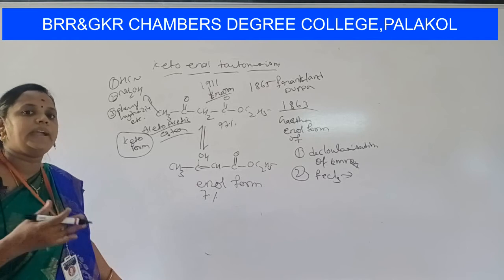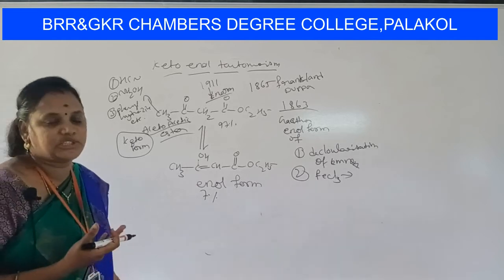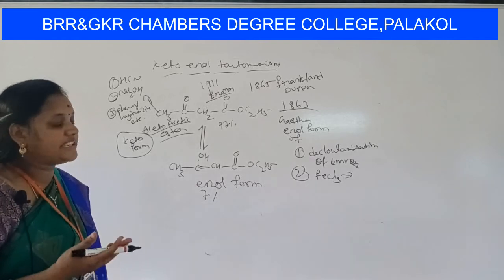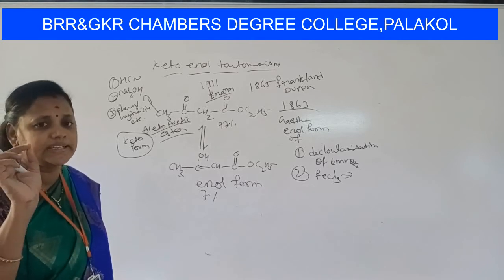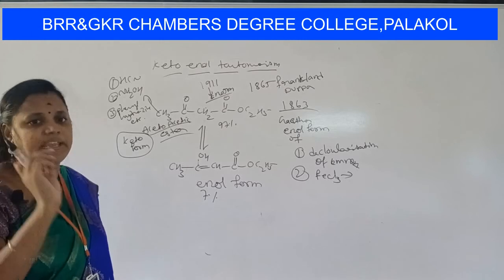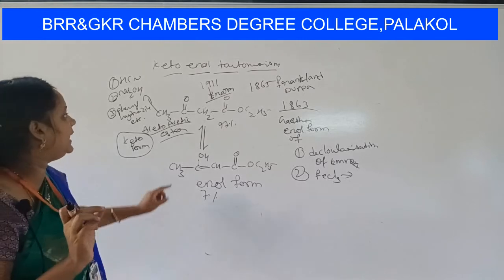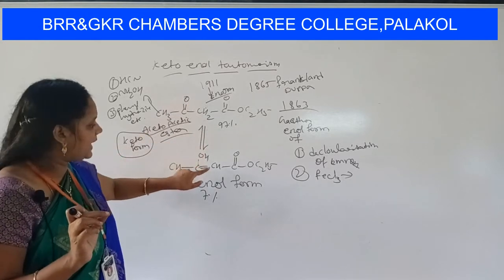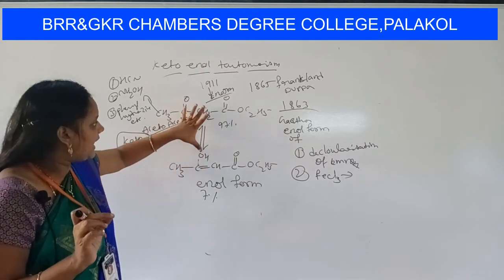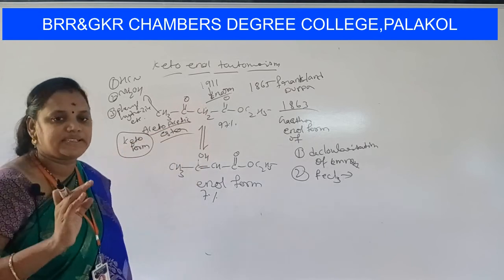keto form and enol form. Such a nice story, students, because a lot of scientists worked for almost 4 decades to know a simple thing. What is that simple thing? The hydrogen will shift here, an OH group will be formed here and unsaturation takes place, and these 2 structures are one and the same.